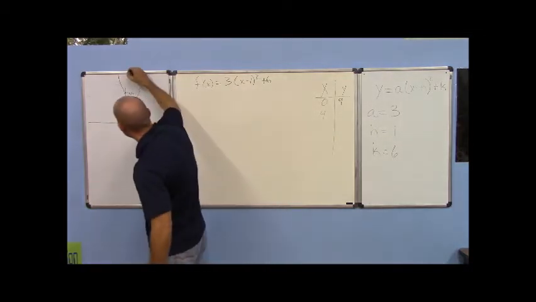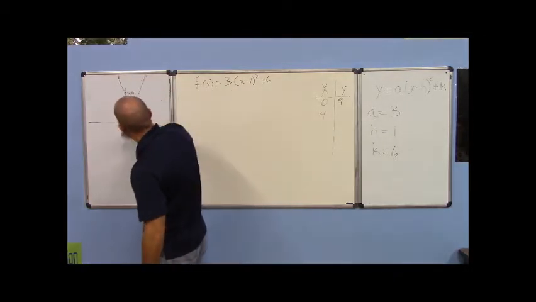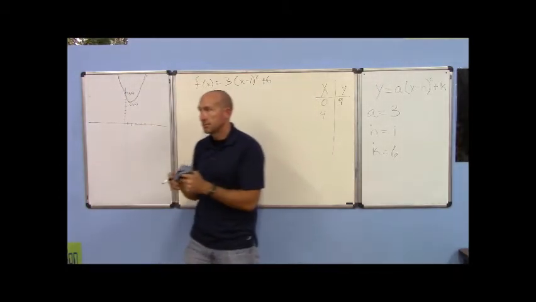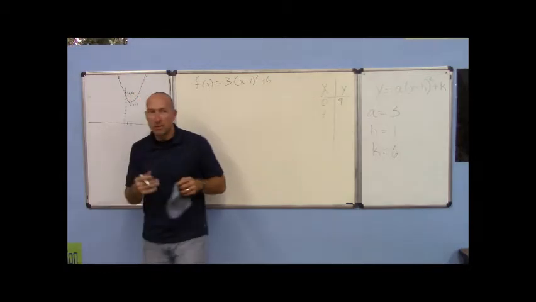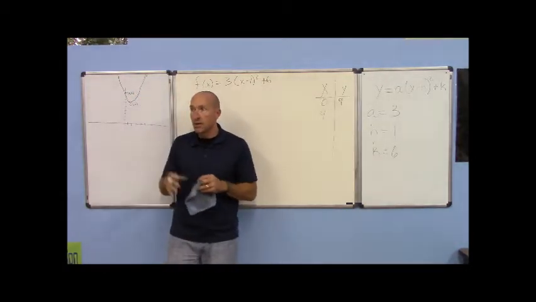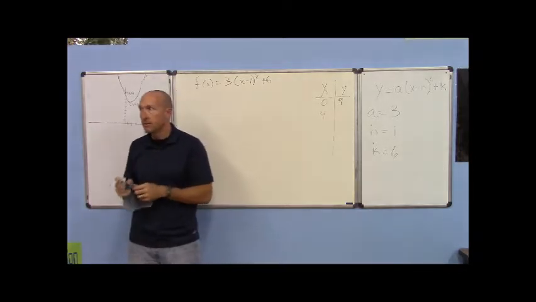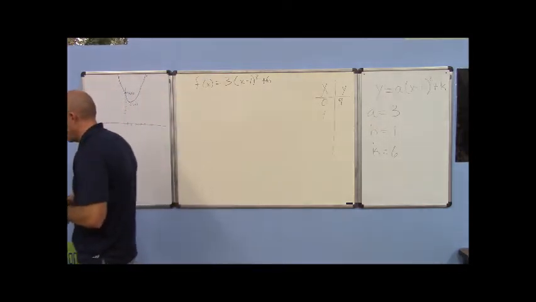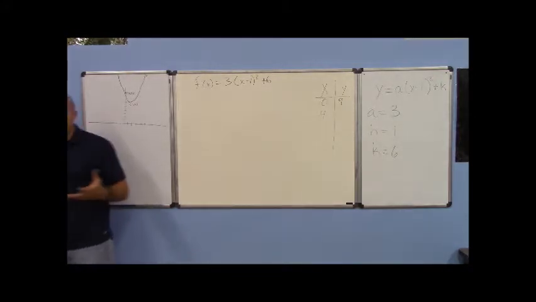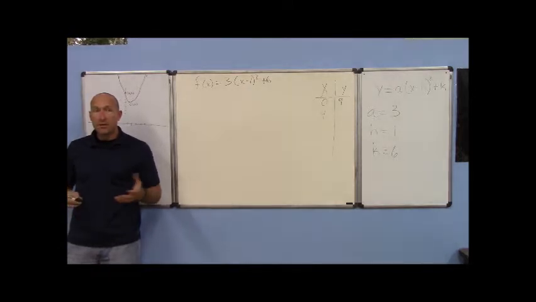So you will have a line that goes straight down through the vertex that turns that parabola into 2 equal halves. Make sense? Remember we were talking about how you can take a box and you have several lines of symmetry that would cut that box equally in half. It's the same thing, and they will ask you to identify that. Awesome. Does everybody feel a little more comfortable with completing the square now too?